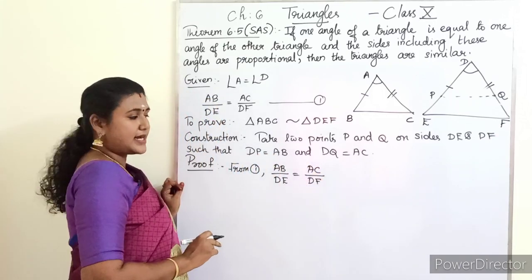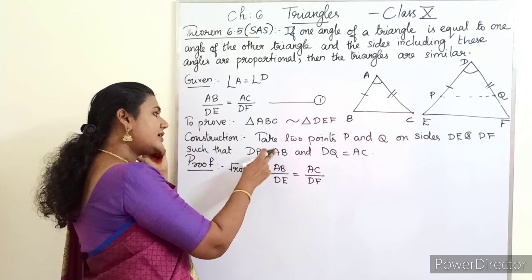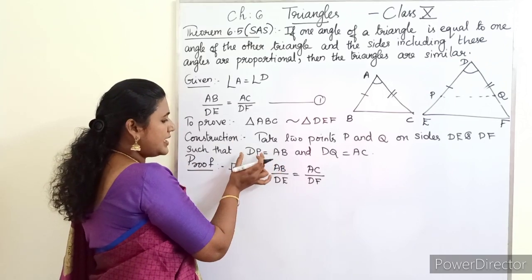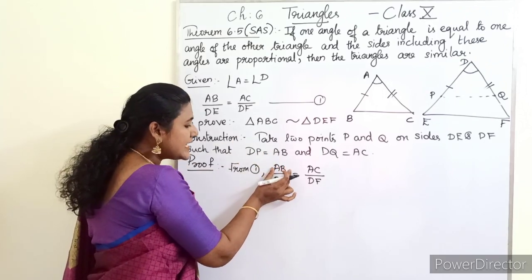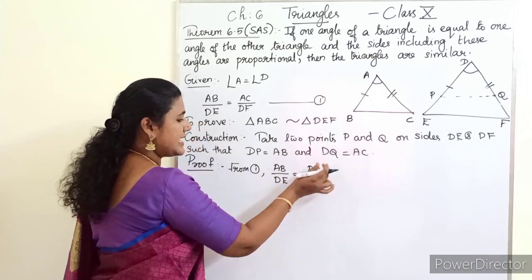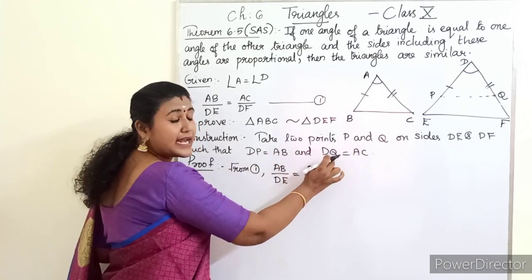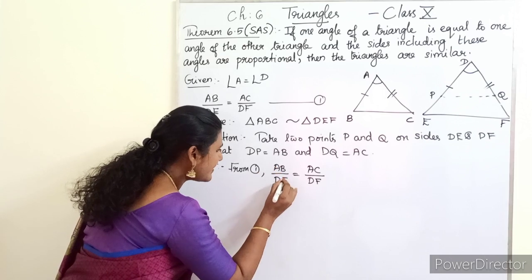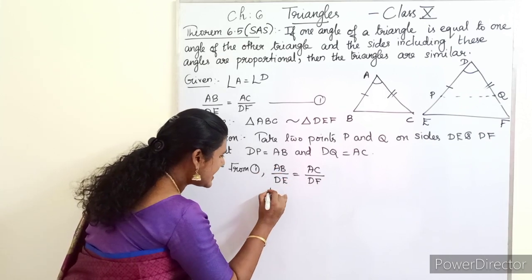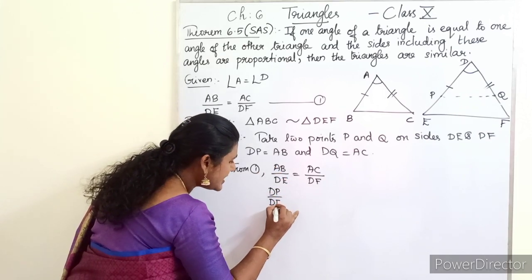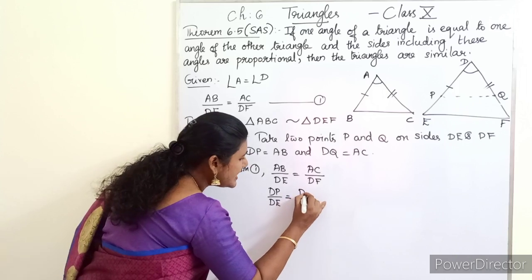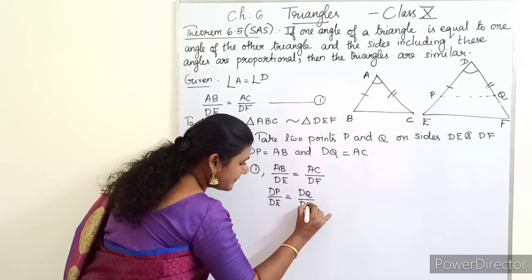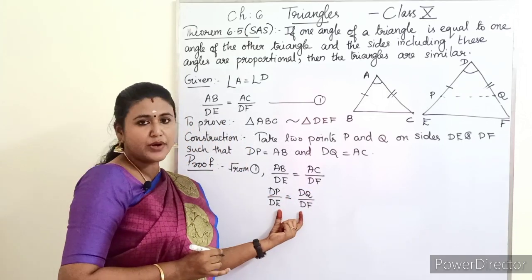As per our construction, AB is DP, so we can replace AB and AC by DP and DQ. So we can rewrite this condition as DP by DE is equal to DQ by DF. So we got this new condition.